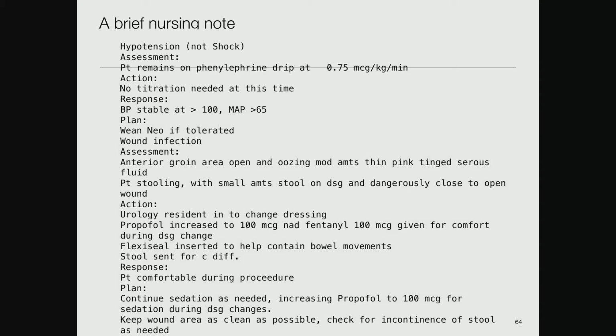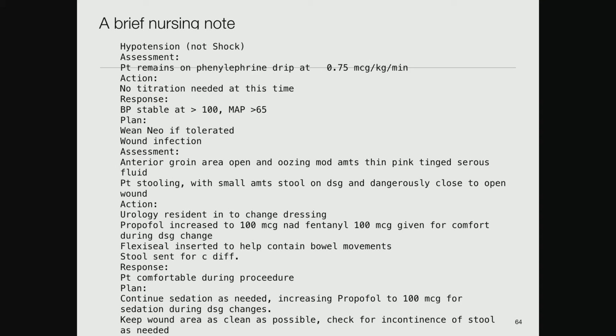Here's a brief nursing note. So this is a patient who is hypotensive but not in shock. Patient remains on this drug drip at 0.75 micrograms per kilogram per minute. No titration needed at this time. Their blood pressure is stable at more than 100. The mean arterial pressure is 65, greater than 65.